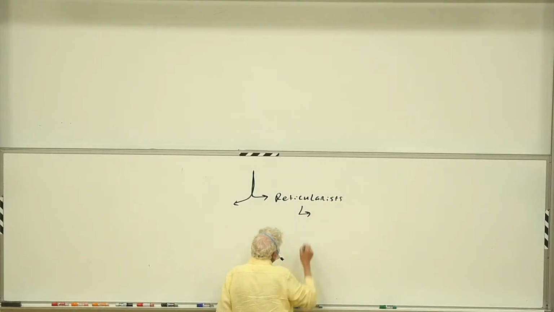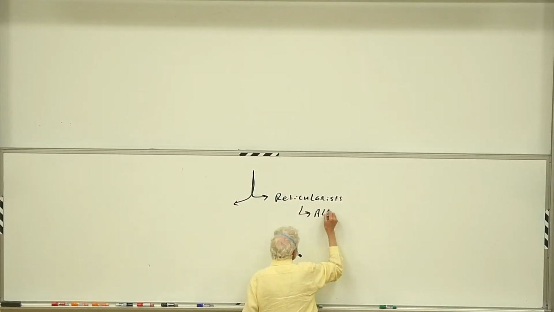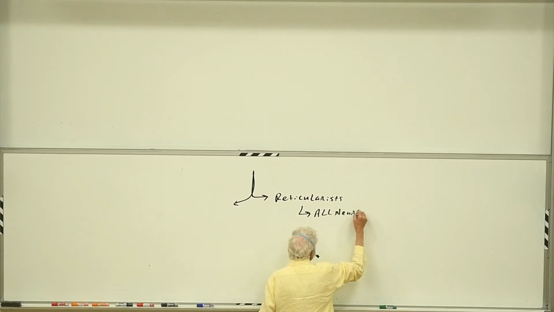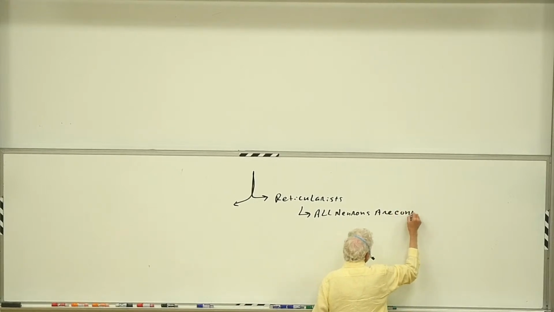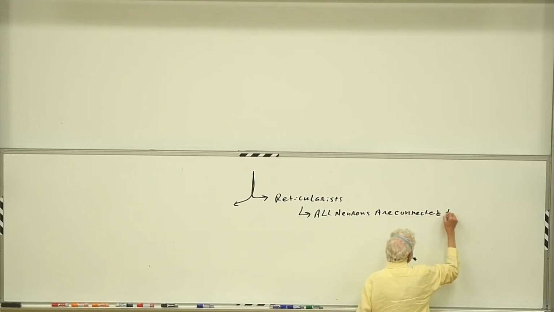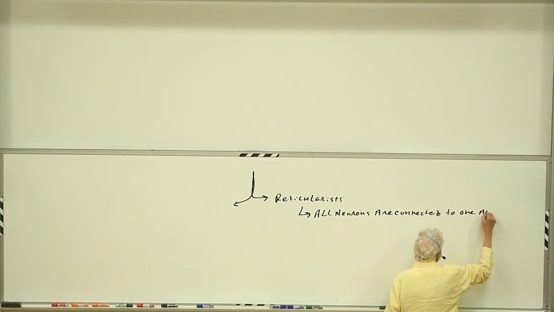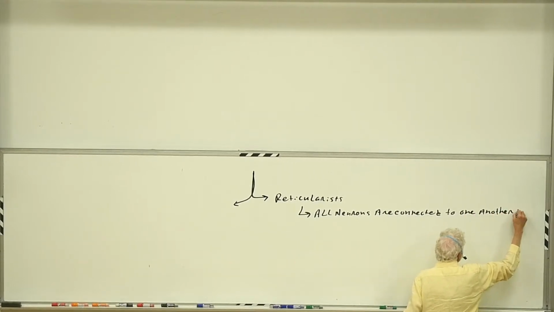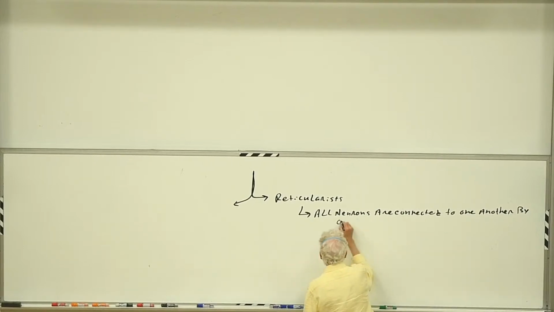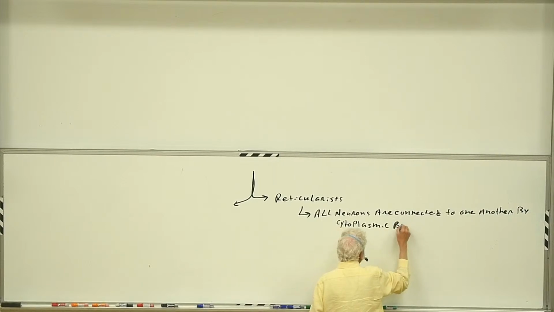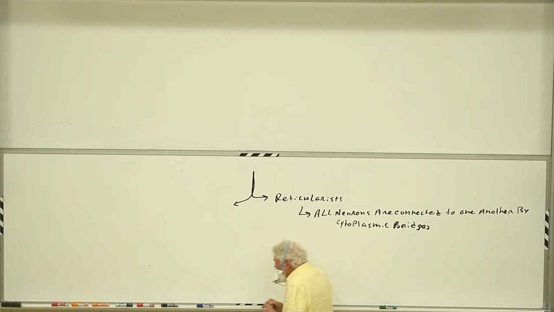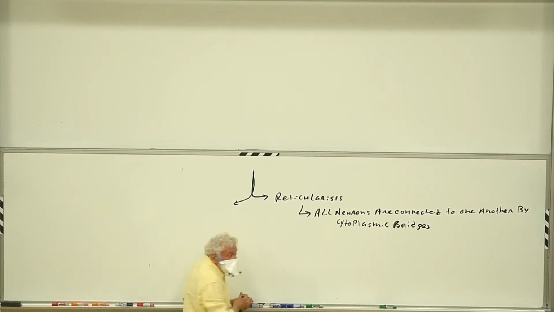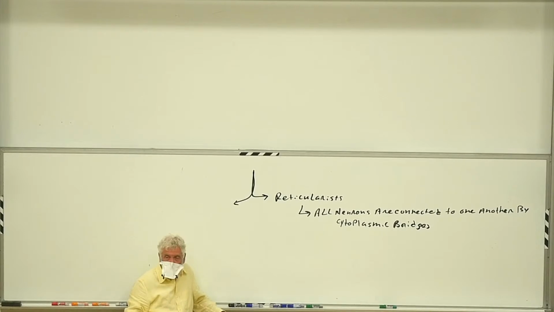And the reticularists held that all neurons are connected to one another by cytoplasmic bridges. That these neurons were all basically one syncytium, one continuous structure of cytoplasm.